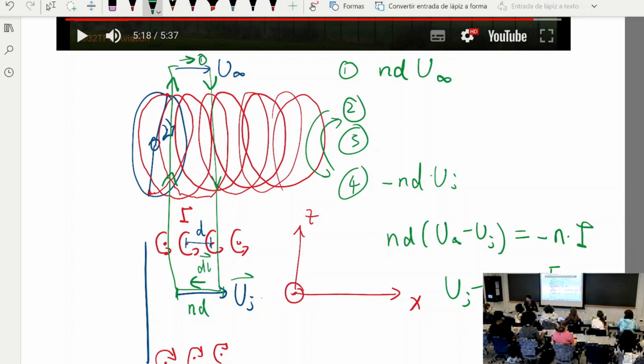Okay? And uj is thus equal to u infinity plus gamma over d. So basically, this gamma over d is almost like the density of vortices, right? If you accumulate how much vorticity, how much circulation is per unit length, that's gamma over d.